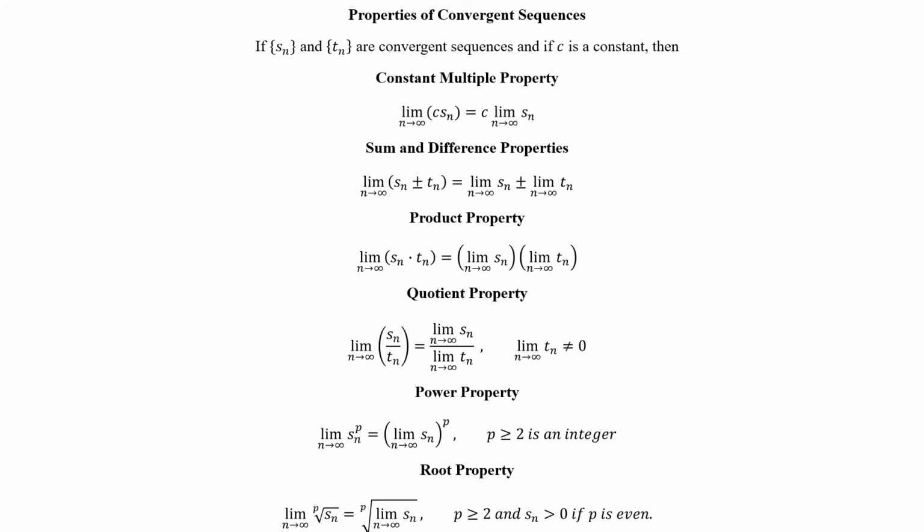So with these, both sequences Sn and Tn are convergent, and then C is a constant. So if we multiply the sequence by a constant, we're just going to multiply the limit by a constant. If we add or subtract two sequences, we'd add or subtract the limits.